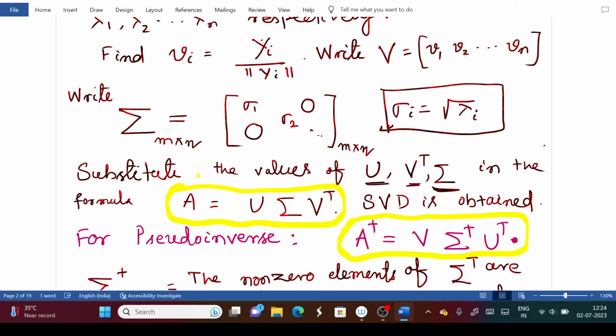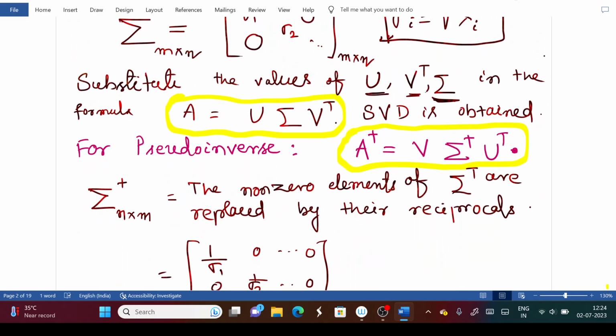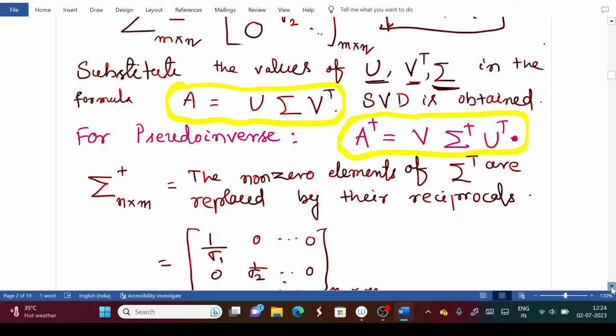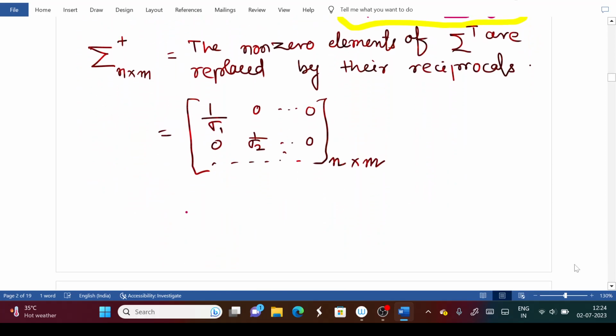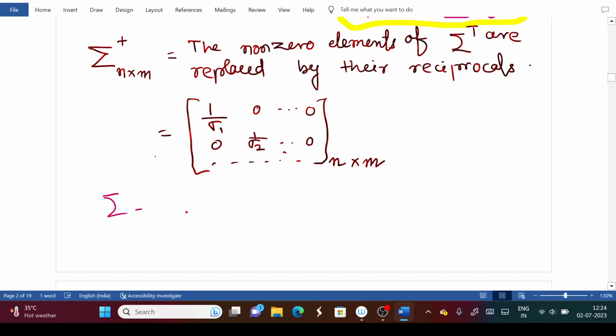So here, how to get sigma plus? Sigma plus is the matrix obtained from the transpose of sigma by replacing all the non-zero elements by their reciprocals. For example, suppose I have a matrix sigma equal to 5, 2, 0, 0, 0, 0.